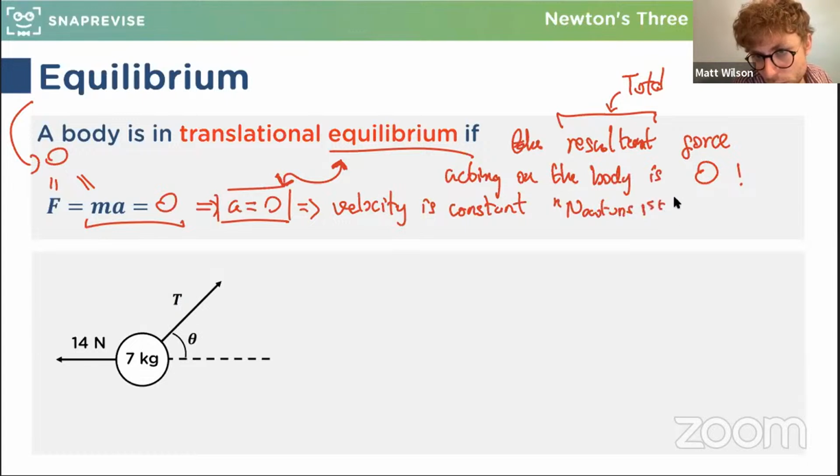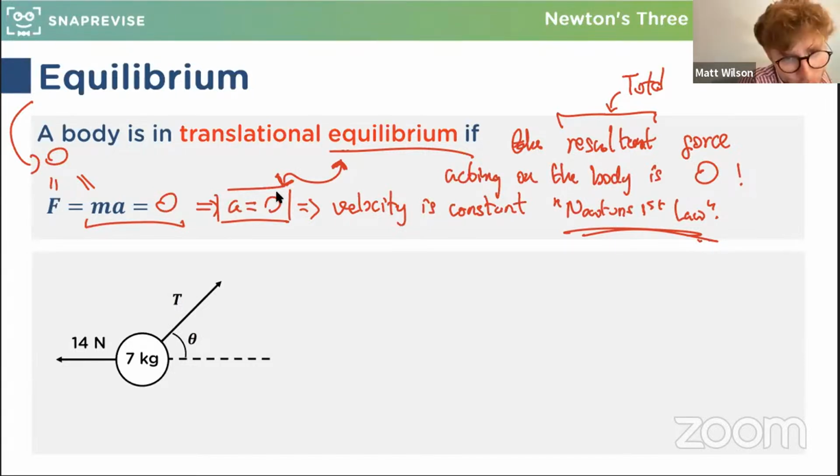Newton's first law says that when the total force is zero, in other words, when we're in equilibrium, what that means is the acceleration is zero. So Newton's first law is this arrow in a way. Equilibrium tells us acceleration is zero.